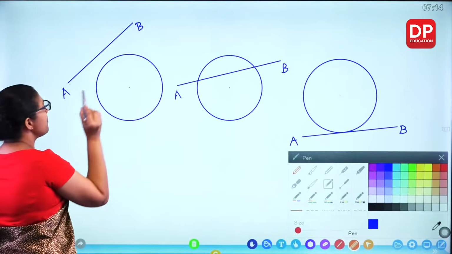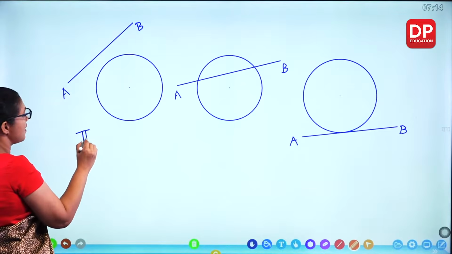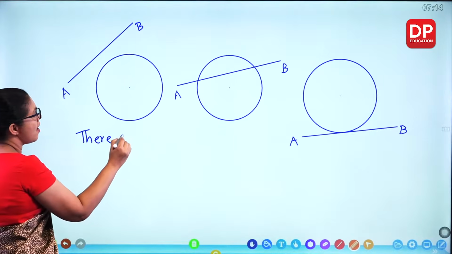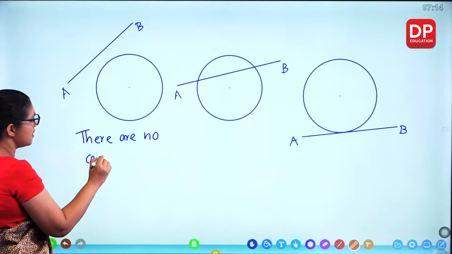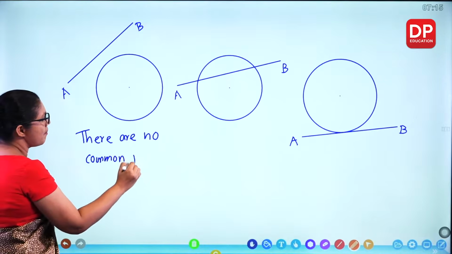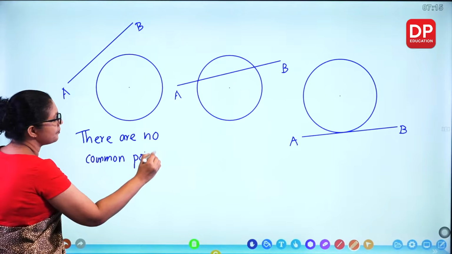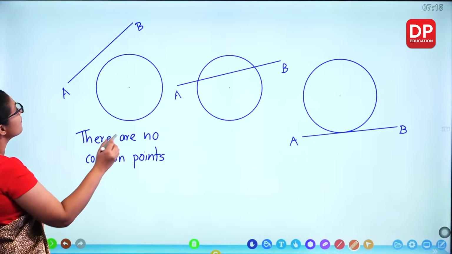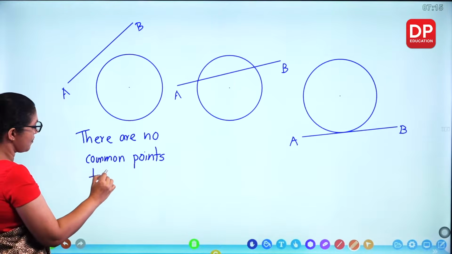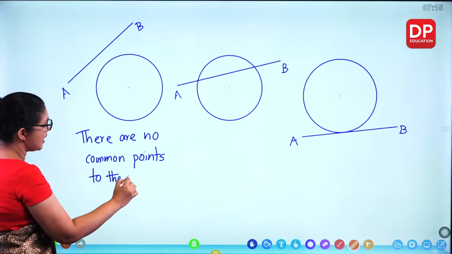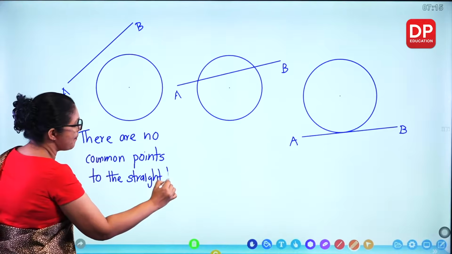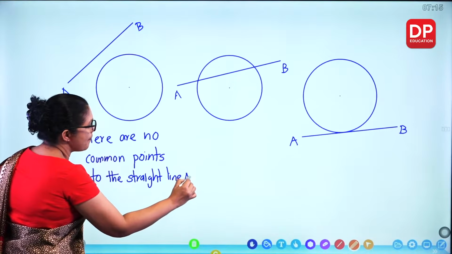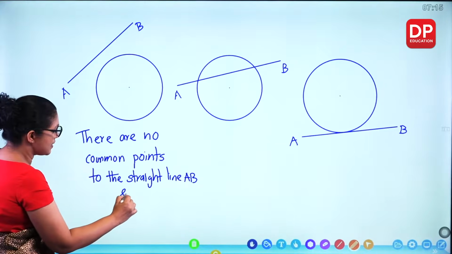I can write there are no common points to the straight line AB and the circle.